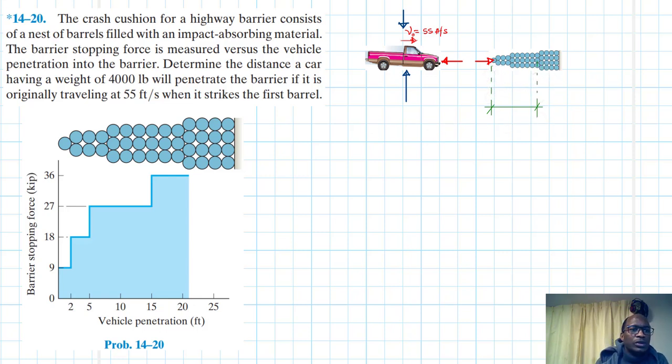So let's say this point here is point 1, and then we have point 2. And this is our S, which is the deformation itself. This is the normal force from all the wheels, the 4 wheels, and this is the weight.